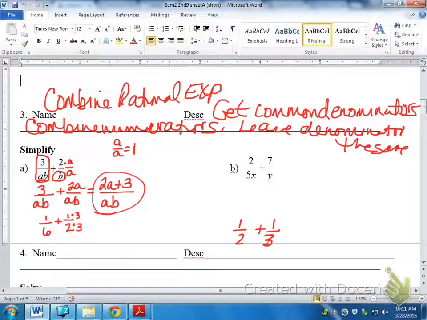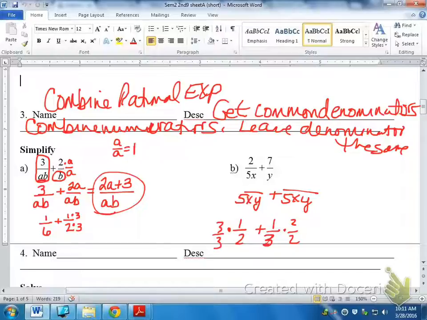The common denominator is the 2 combined together, and you multiply this side by the 3's, and you multiply this side by the 2's. Do you see that? So that's what you're exactly going to do with this problem. Our common denominator is going to be 5xy, because you've got to put them both together.